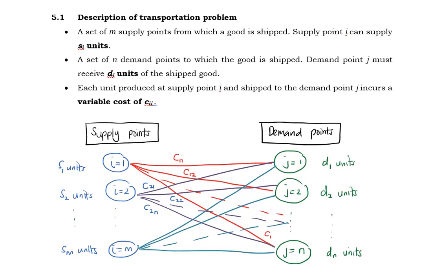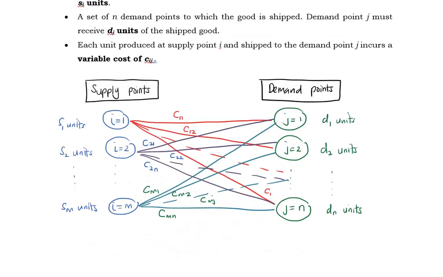For the m-th supply point, the costs involved are cm1, cm2, cmj, and cmn. So this is the process of transporting goods from supply points to demand points.